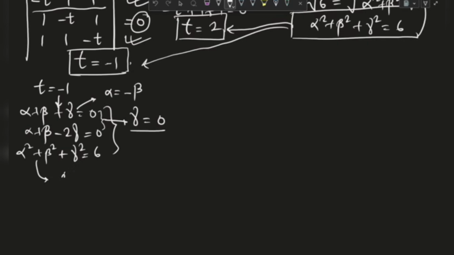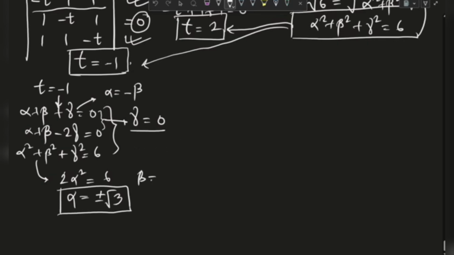And now gamma is 0, so 2 alpha squared will be 6. So basically alpha will be plus minus root 3, and from here we can also deduce that beta will be minus plus root 3 because alpha is minus beta. Now we will look at the options once.